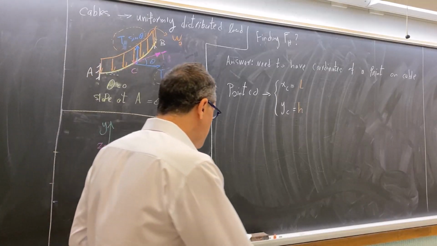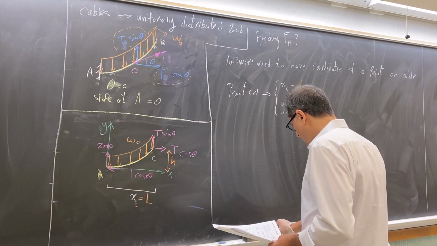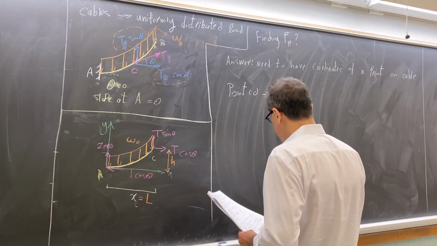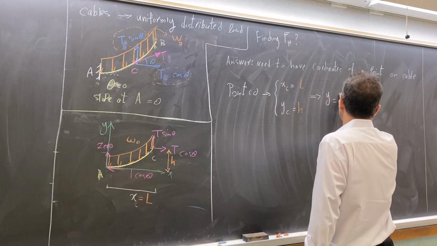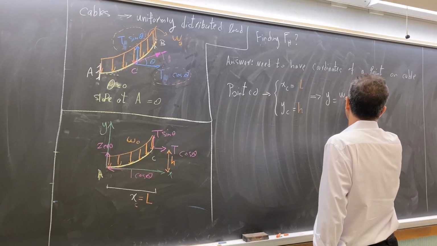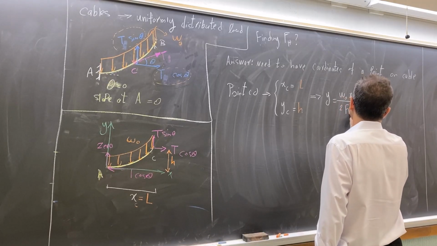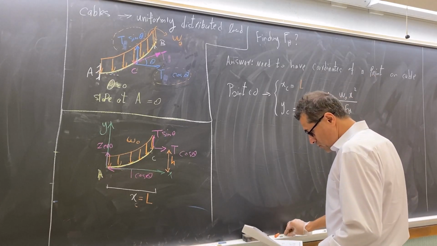So if you have one point on your curve, then you can just write this equation, x squared over 2fh, and substitute those values.